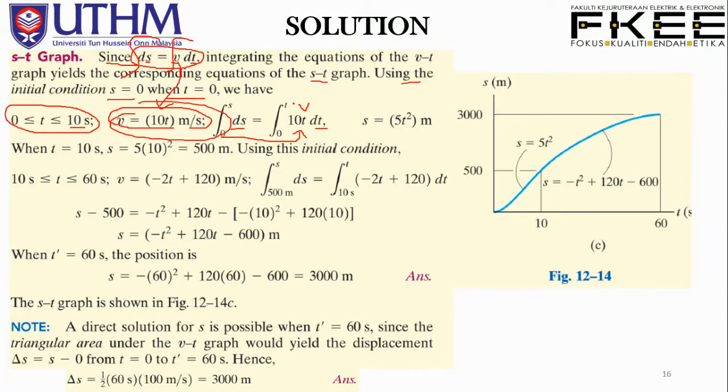Solving this, we have s equal to 5t square meters. Remember, s is distance and the unit is meter. So this is the first relationship we are able to generate: s equal to 5t square meters.